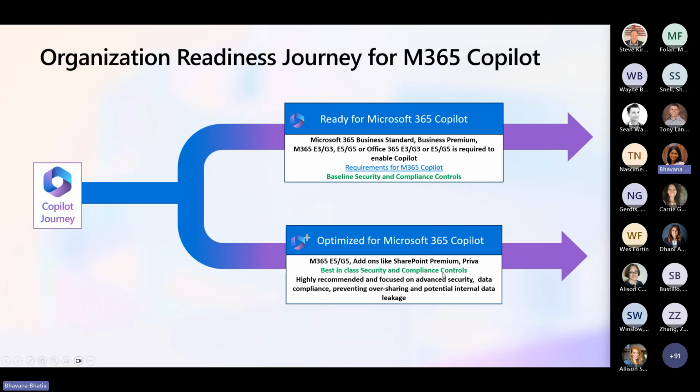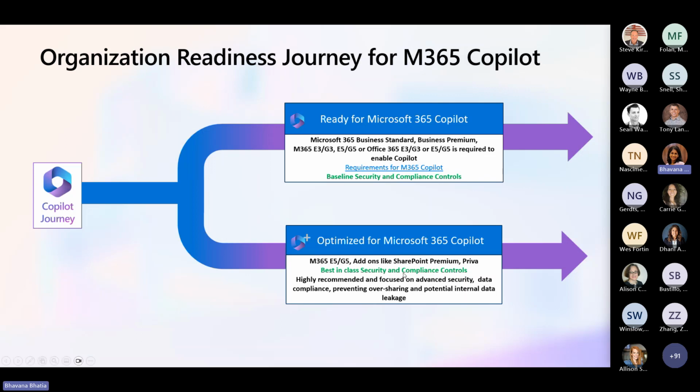Here, organizations can focus on building a strong foundation of security by leveraging advanced data protection and advanced data lifecycle management features that are available in Microsoft Purview. There are also some additional add-ons like SharePoint Premium and Microsoft Priva that can help you with advanced data discovery, content management, as well as privacy management, and it can supercharge your Microsoft 365 Copilot readiness journey.